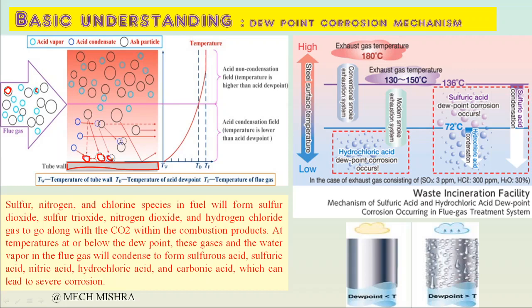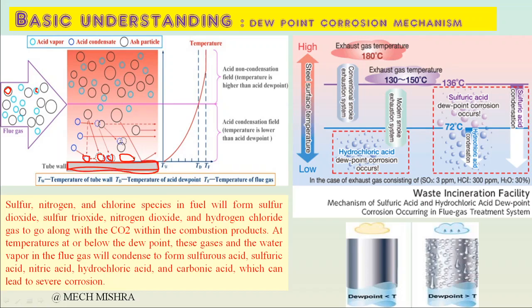Along with the water, the acidic components that are in gaseous form will also get condensed. And when HCl in gaseous form gets condensed into liquid form, it will corrode my metal surface.